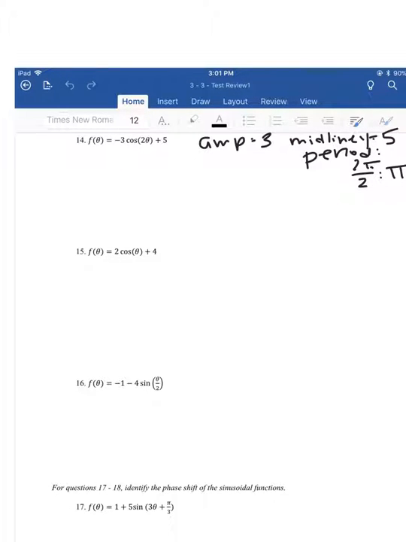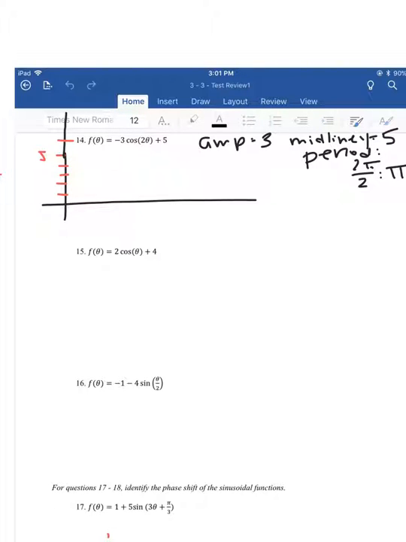So now when I go to graph this, on my y-axis I have 1, 2, 3, 4, 5 as my midline. I'm actually going to keep going, so this might be a little tricky to see. And then I'm going up and down 3 because my amplitude is 3.